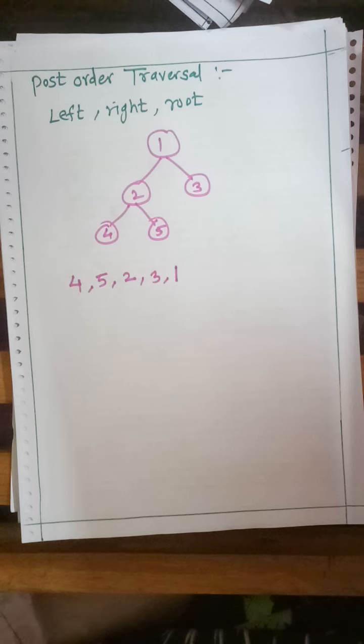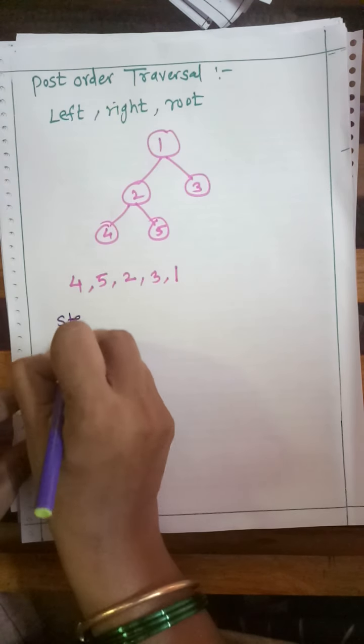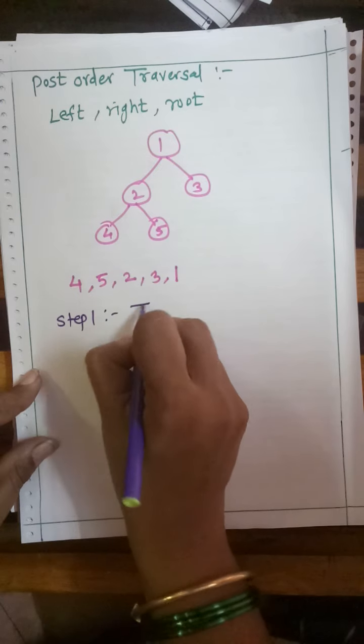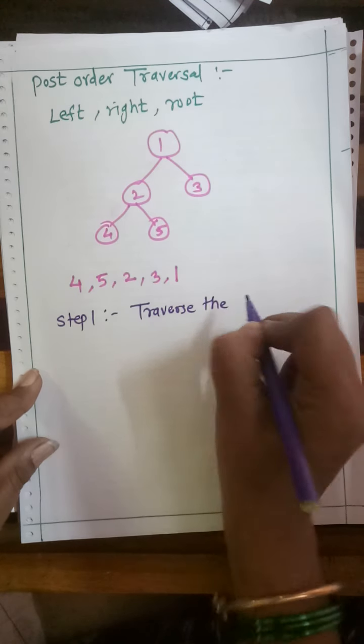So what is the algorithm of the post order traversal? What is the step first? Traverse the left subtree.